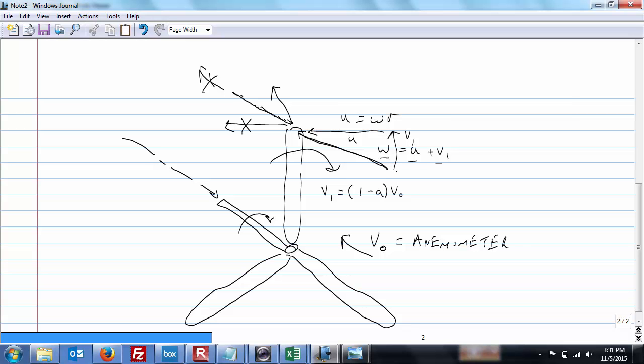That's the whole point. So I've added the velocity of the wind coming towards the blade, and unfortunately it doesn't look that way, plus the velocity of the tip moving through the air, and that's the relative wind velocity W, and that's what's driving the whole thing.